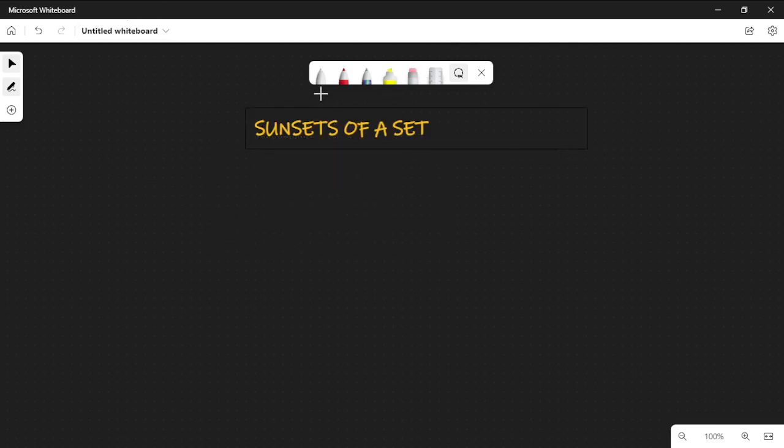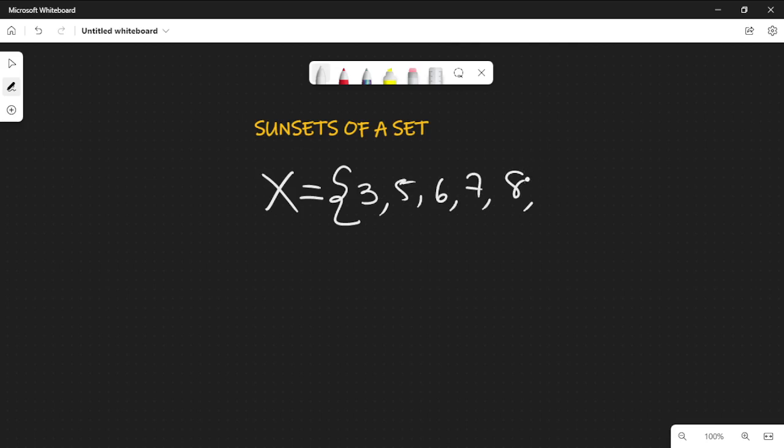All right. So let's get back to class. If I have set X that is equal to the set of 3, 5, 6, 7, 8, 9, and 10, and set Y is equal to the set of 5, 7, and 8.